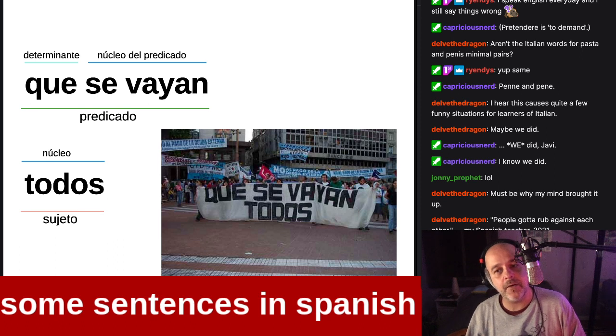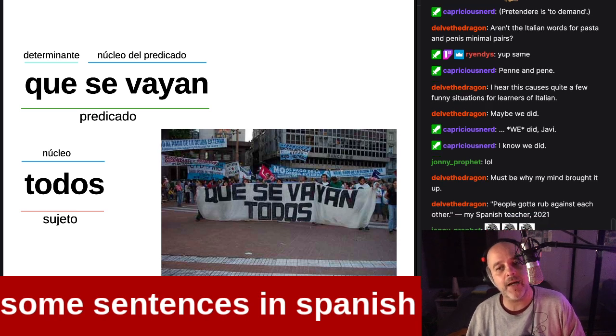It's still coming back all the time, and even this is before Macri, but after the times of Macri, it was the time when the Corralito happened, where people had no liquidity in the banks and whatnot. It was a huge crisis. I would suggest you look it up, because it was a big deal, and people were demanding that all the politicians must go, because they were all corrupt.